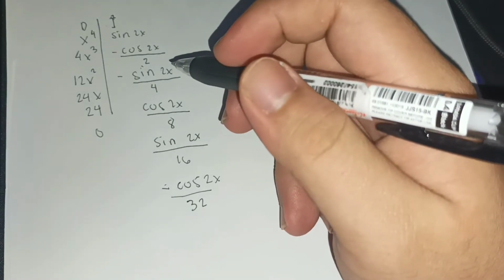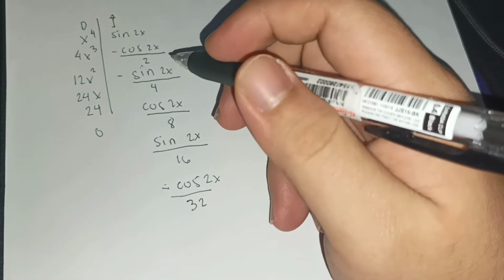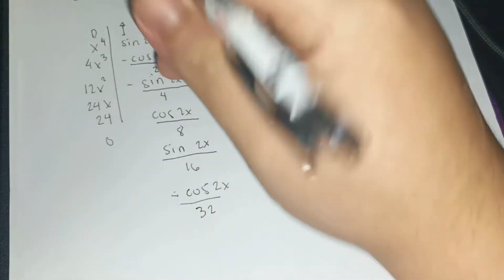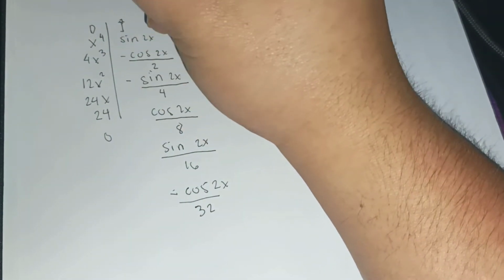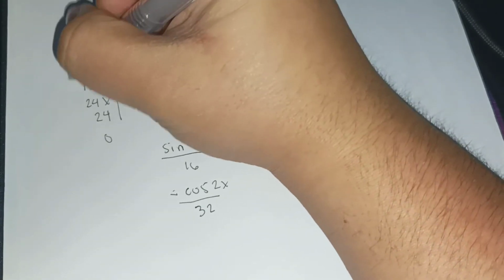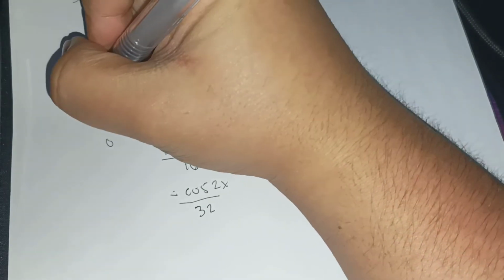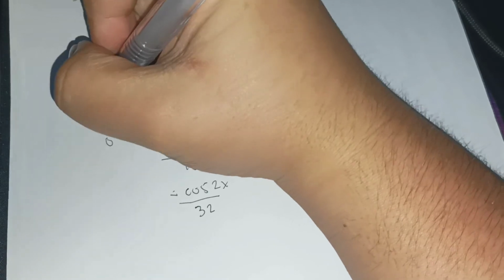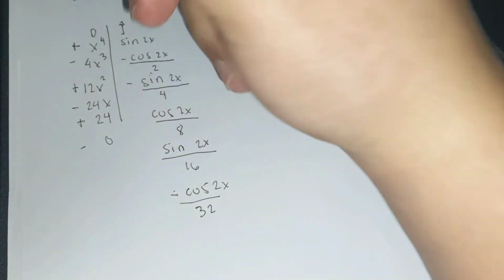But we also need to place the conventional signs, which we place here: positive, negative, positive, negative, positive, and then negative.